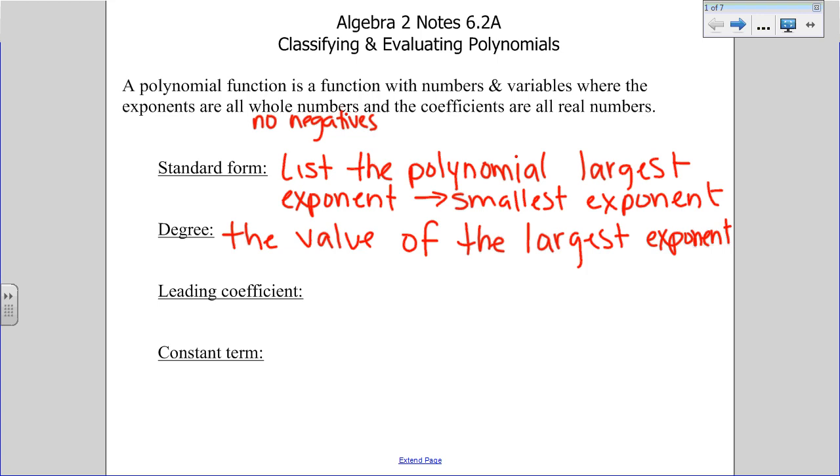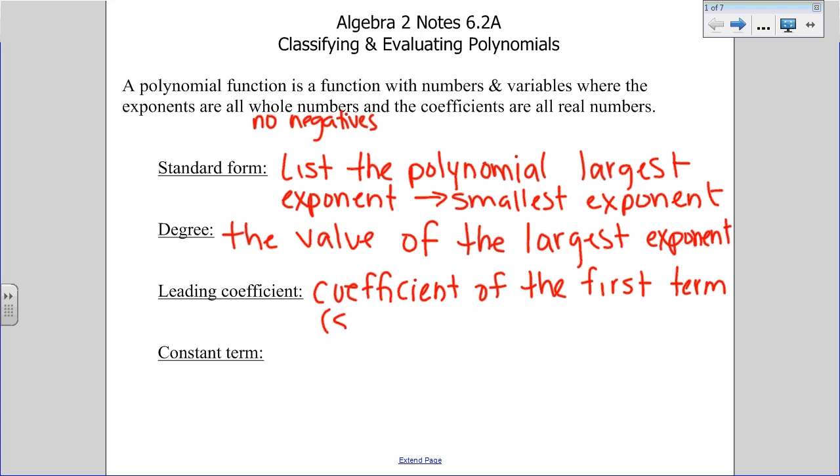And if you guys look at the chart, we kind of go through those there. The leading coefficient is the coefficient of the first term. All right, does that make sense? It's leading, it's in the front. But what I need to remind you is that it has to be in standard form.